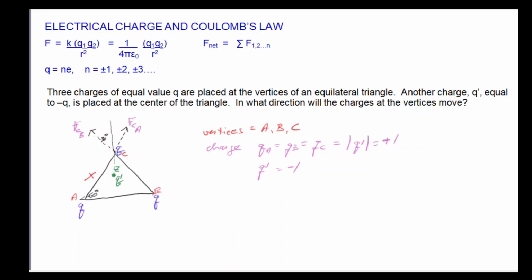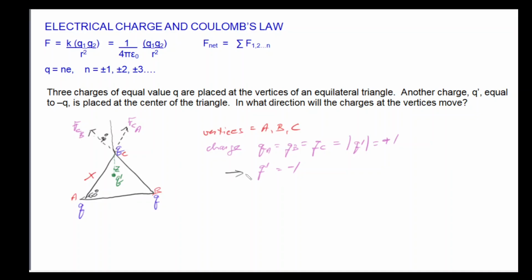Our vertices we'll call A, B, and C. We have a charge Q at A, a charge Q at B, a charge Q at C, and they're all equal to +1, which is also equal to the magnitude of charge Q prime, where Q prime is actually -1.